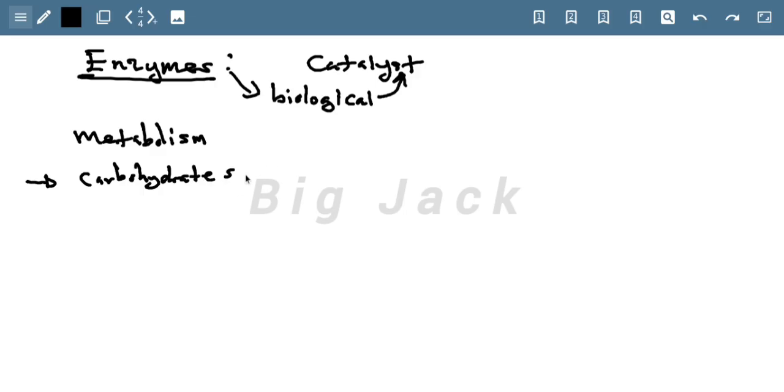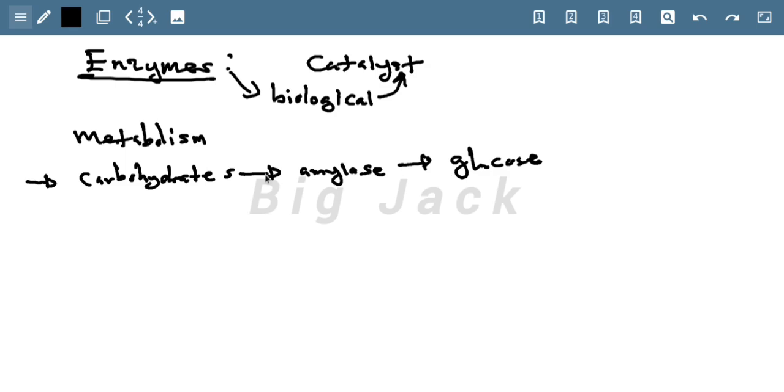An example of an enzyme that can catalyze carbohydrates, let me pick amylase, which is produced by the salivary gland. This amylase can catalyze carbohydrates into what? Into glucose. That is very, very important to know.